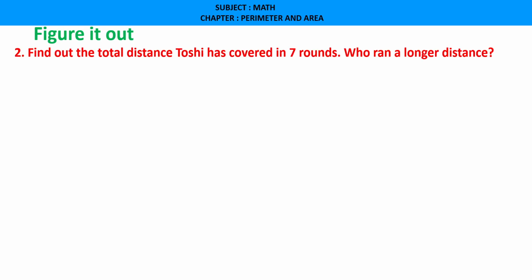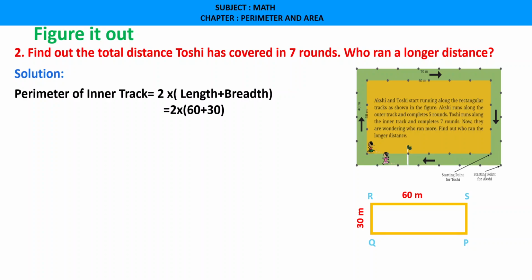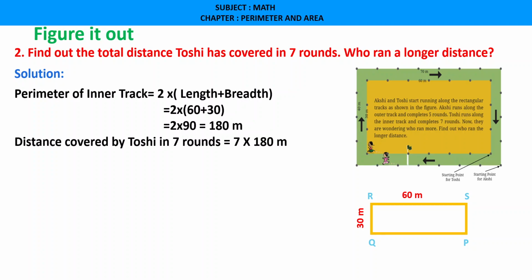Let us see question number 2. Find out the total distance Toshi has covered in 7 rounds. Who ran the longer distance? So, same picture. Now, let us see Toshi's track. Perimeter of the inner track is equal to 2 into length plus breadth, 2 into 60 plus 30. So, 2 into 90 is equal to 180 meters.